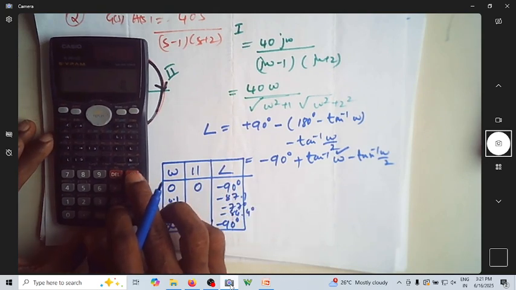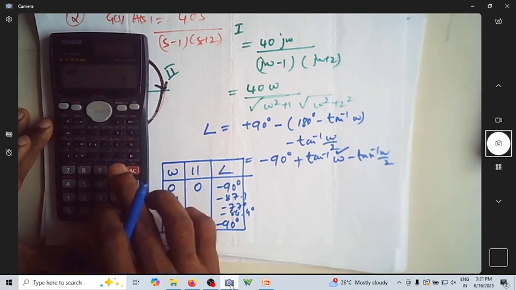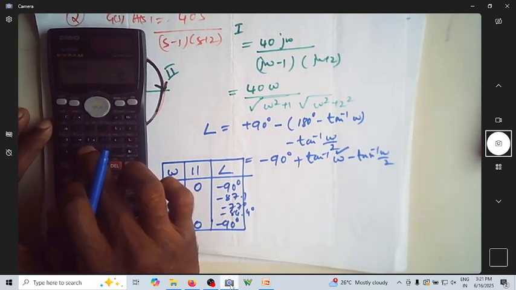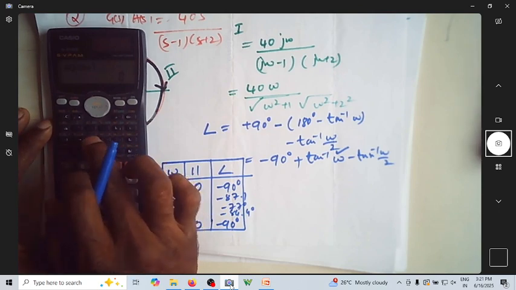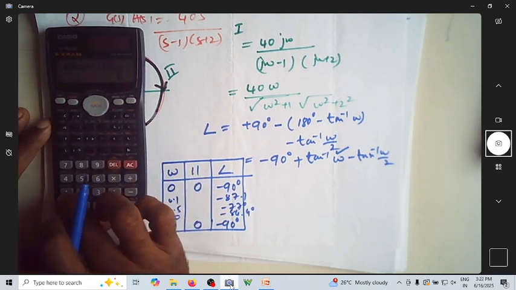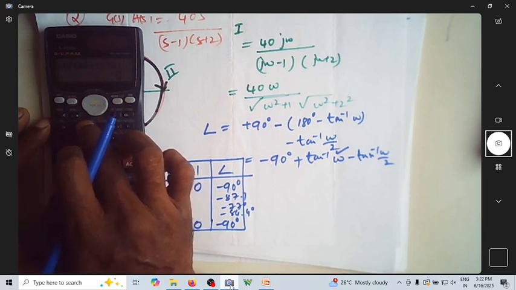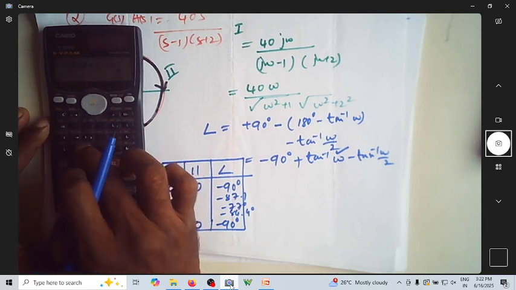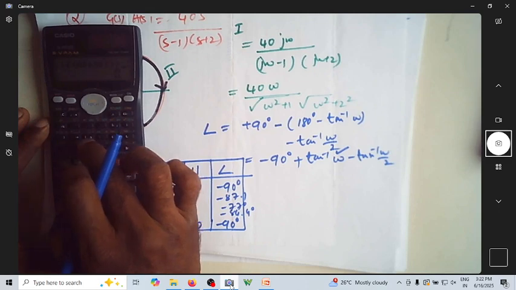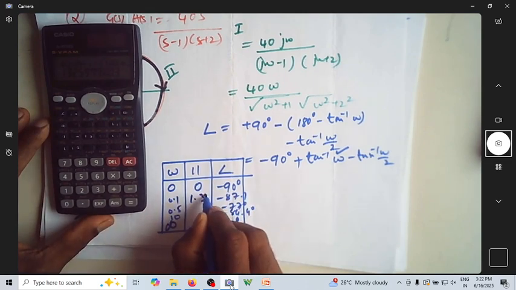Now if you look at the magnitude, it is 40 times α divided by the square root of α squared plus 1, times the square root of α squared plus 3 squared. Calculating for 0.1, it is 1.32.